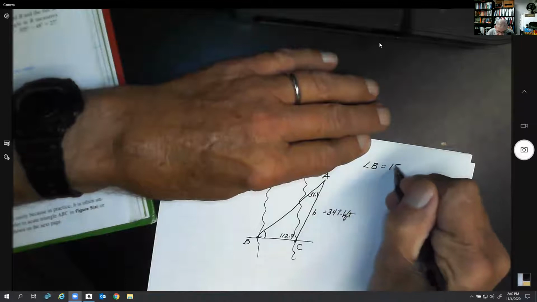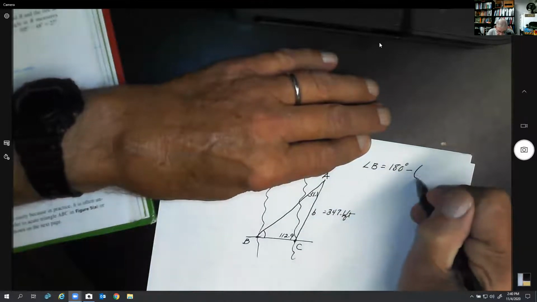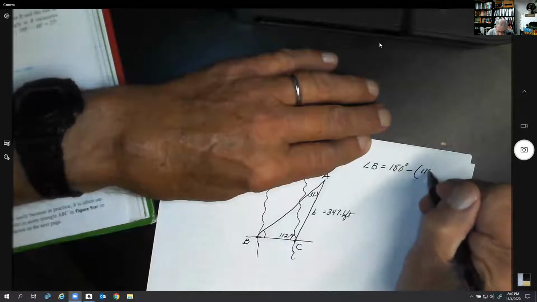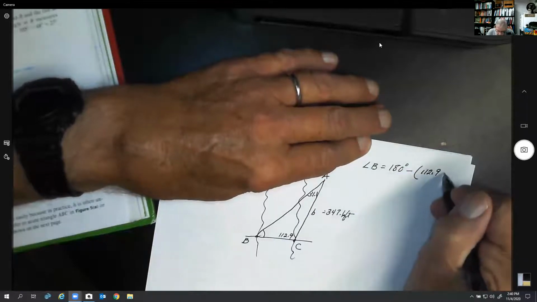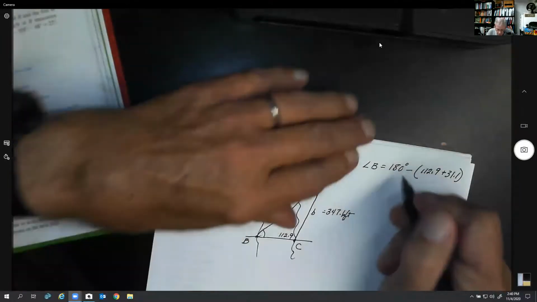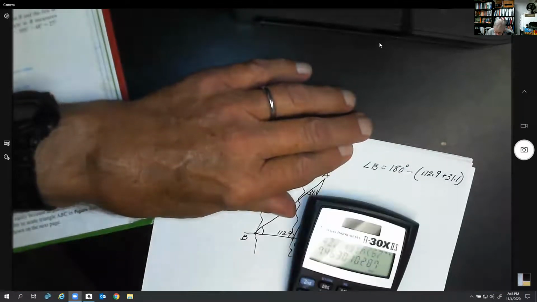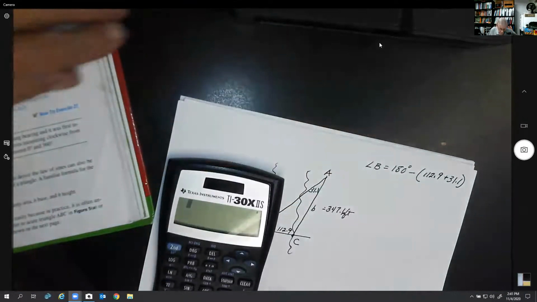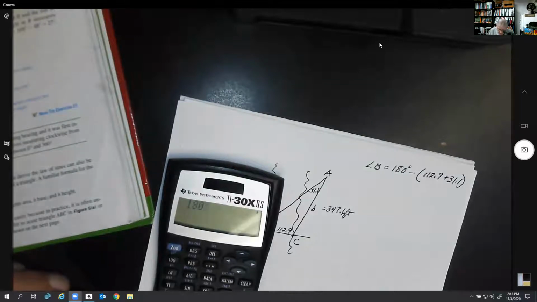So angle B is equal to 180 minus parentheses 112.9 plus 31.1. So let's see what that is. 180 minus parentheses 112.9 plus 31.1 parentheses equals.